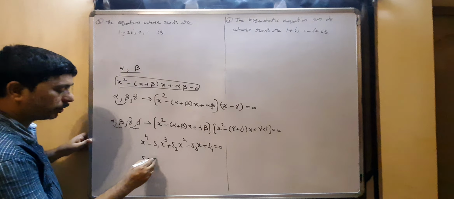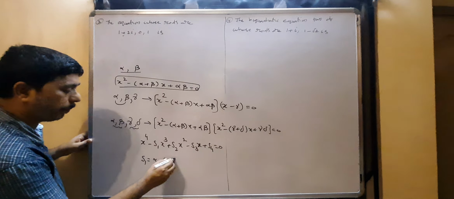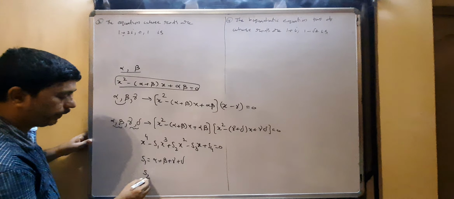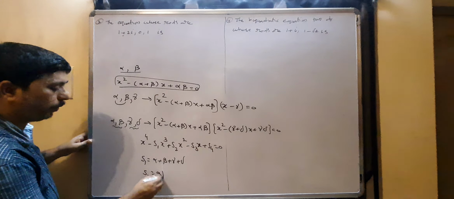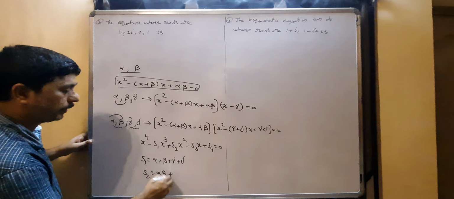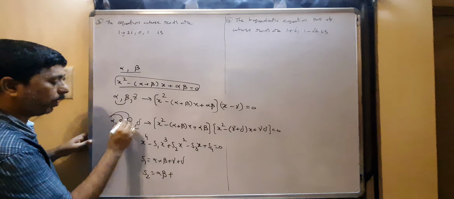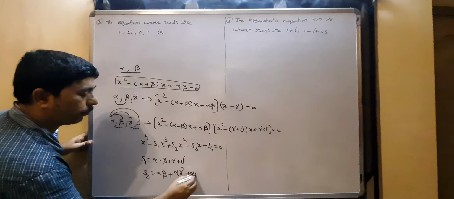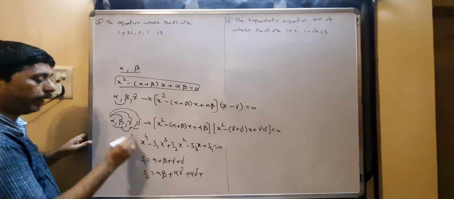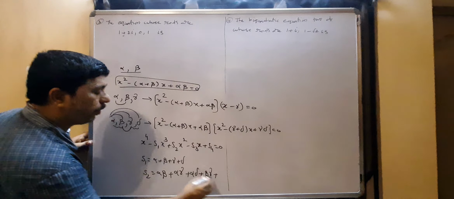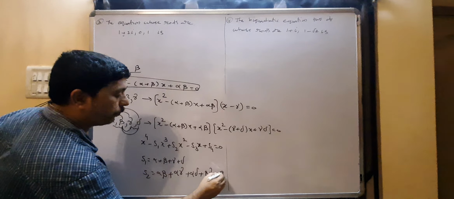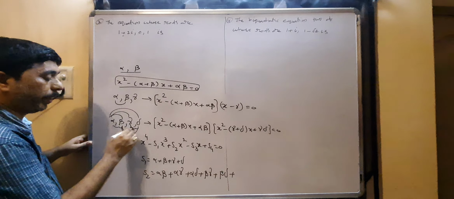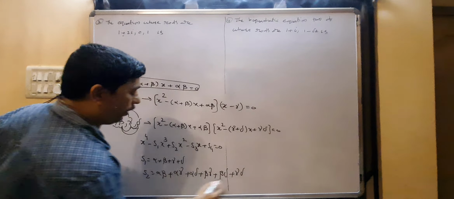S1 is the sum of the roots, alpha plus beta plus gamma plus delta. S2 is the sum of the product of two roots: alpha into beta plus alpha into gamma plus alpha into delta, next beta into gamma plus beta into delta plus gamma into delta. That is the value of S2.